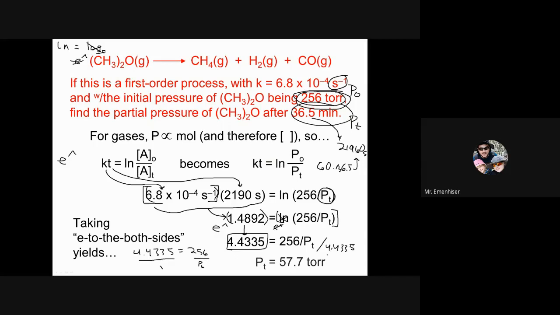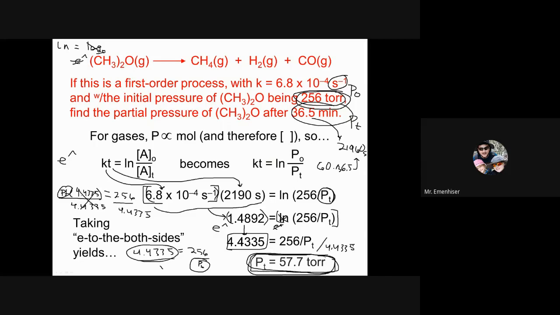So this is Pt times 4.4335, that's equal to 256. And if I need Pt by itself, I divide both sides by 4.4335. I'm just showing you all the algebra, making sure it's clear. That will be gone. Pt will be equal to that divided by that, which gives us 57.7.